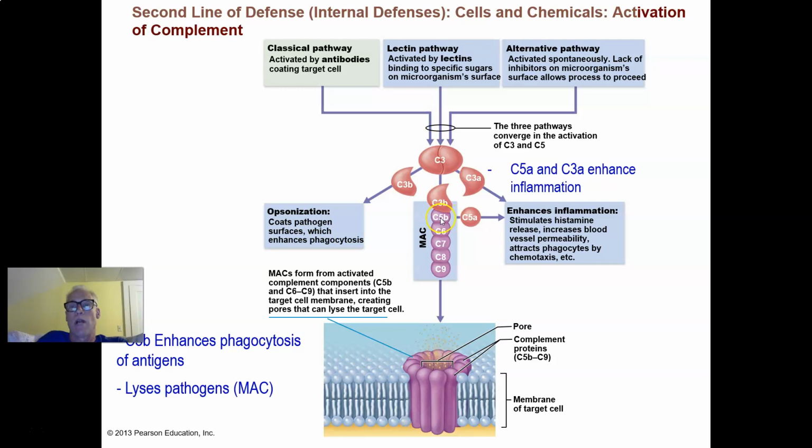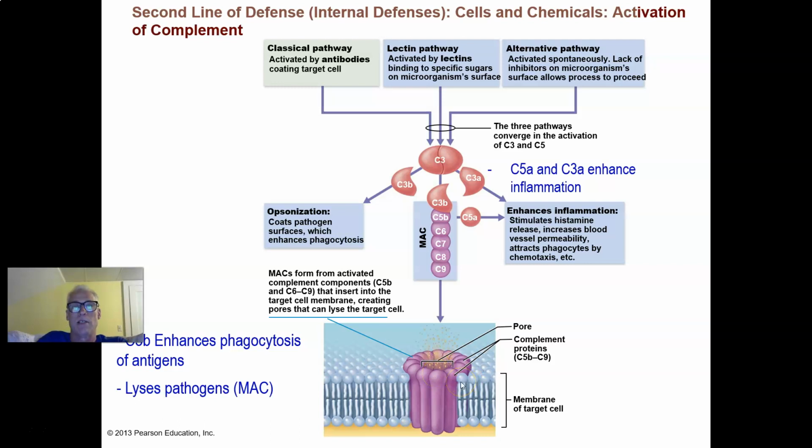We're going to activate the C5 complement factor in a similar way, cleave it into two parts, and the C5b plus these other complement factors just spontaneously assemble into a cylinder that will stab right into the membrane of the bacteria and kill the bacteria.